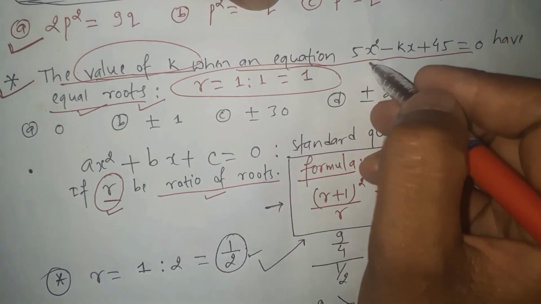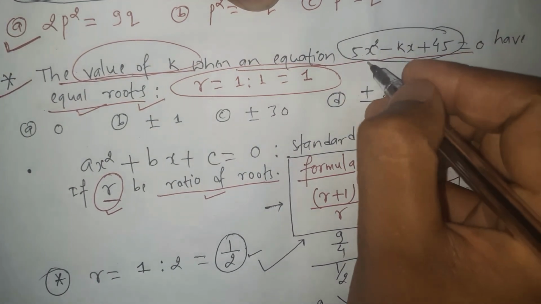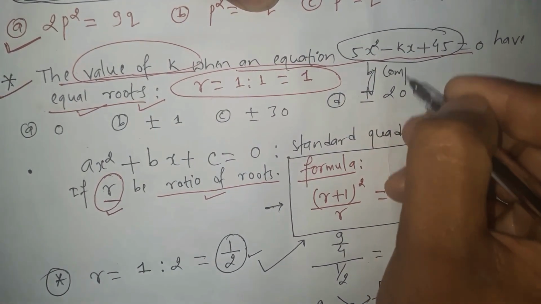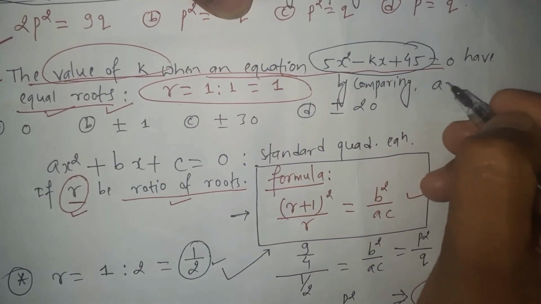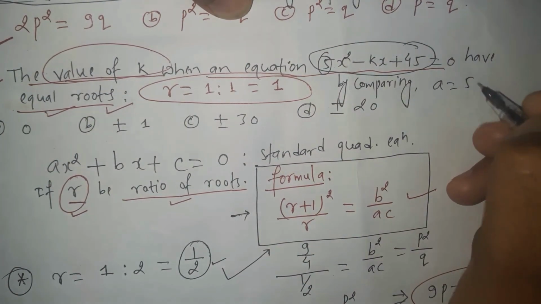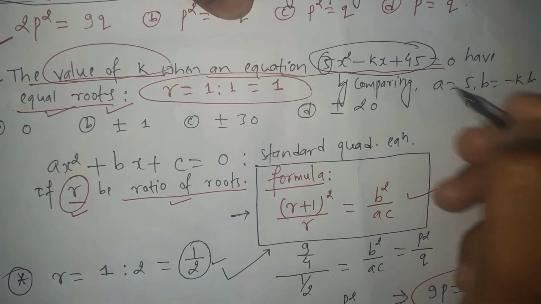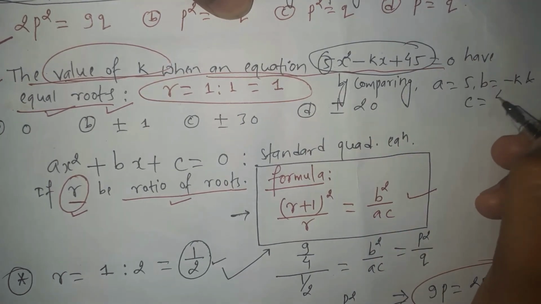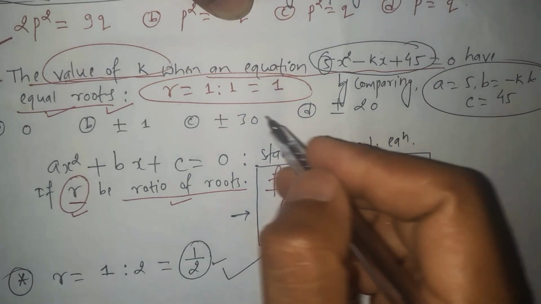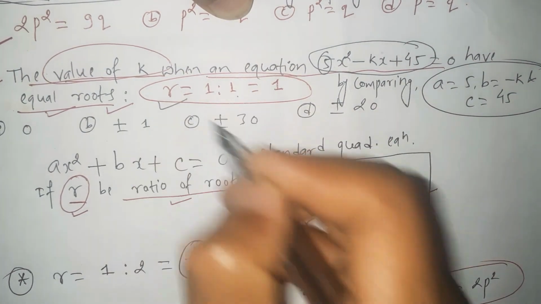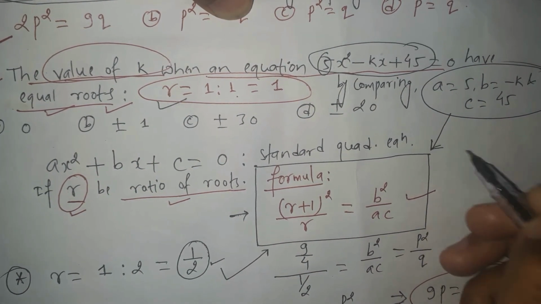Let's compare this quadratic equation with the standard form. We get the value of a is 5, the value of b is negative k, and the value of c is 45. Let's plug in the values of a, b and c, and the value of r into this equation.